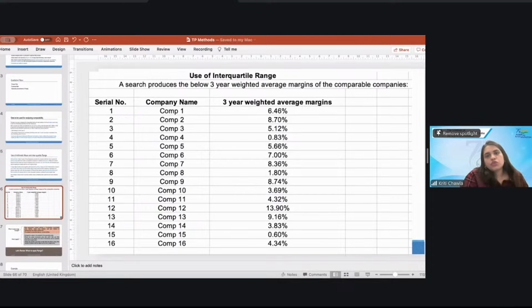So what we used to do was compute the arithmetic mean of these 16 companies. So, add all these margins, divide by 16, and you will get a percentage. Let's say that the percentage is maybe 8%. Just as an example, let's say that the arithmetic mean of these companies is 8%.